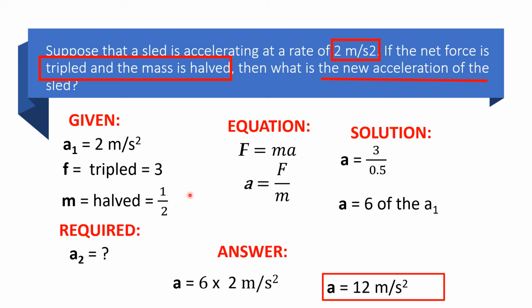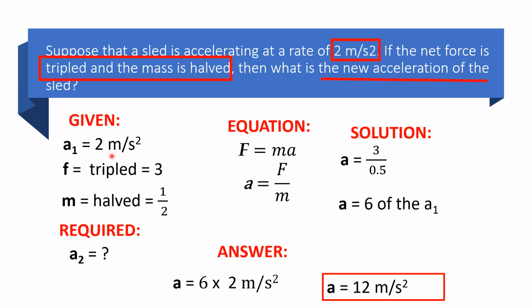As you can see in the problem, if you are going to analyze the problem, sabi dyan, 2 meter per second squared yung acceleration ng ating sled. But, if the net force is tripled, so tinaasan natin yung net force, pero yung mass, kinalahati natin yung mass niya. So, mas gumaan siya. What happened to the acceleration? Tinaasan mo na yung force, and then binawasan mo yung mass ng ating sled.